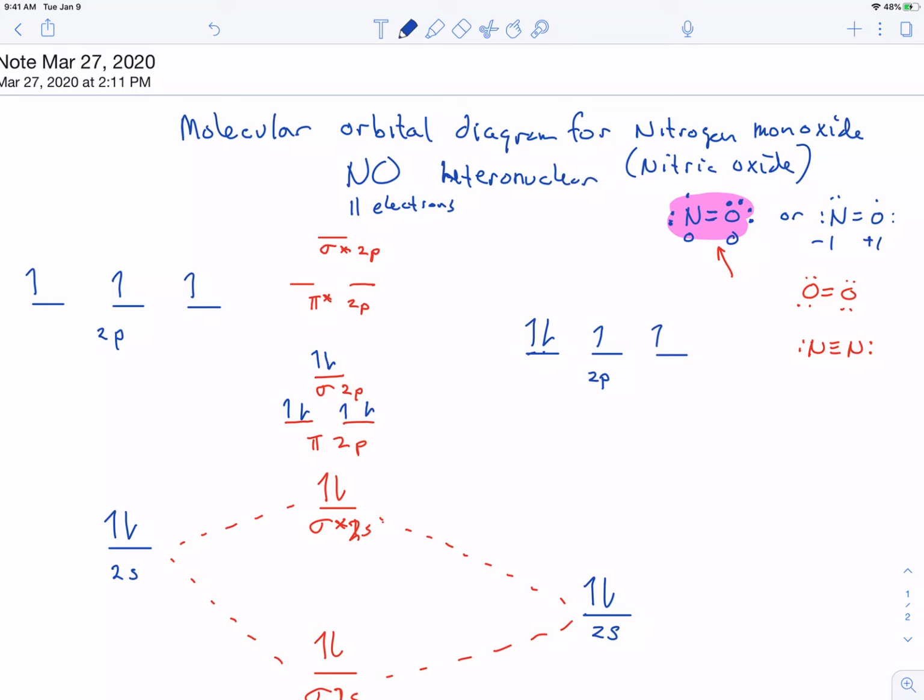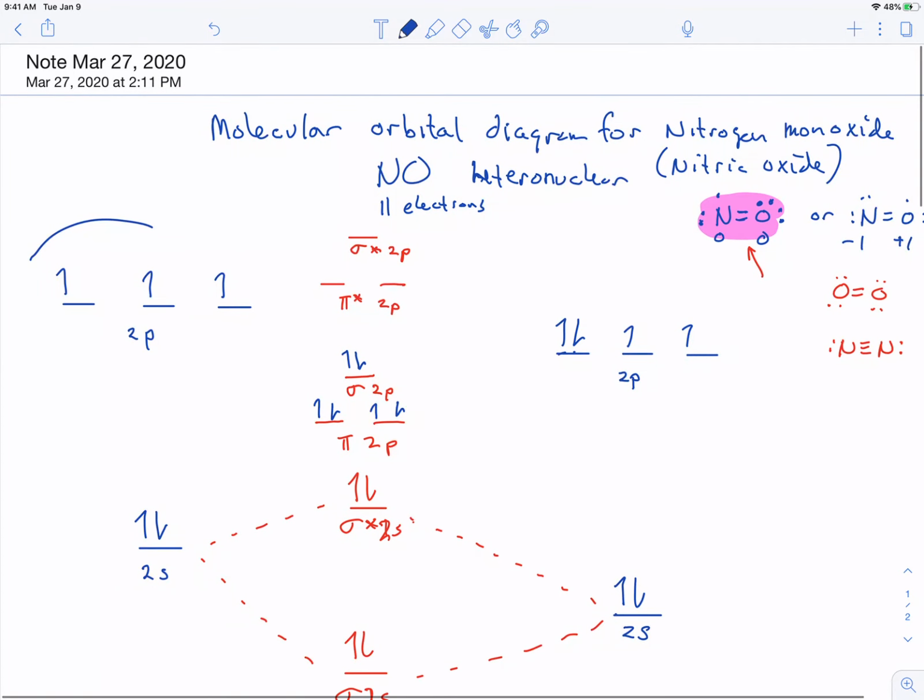Now we have 1, 2, 3, 4, 5, 6, 7, and we've used 6. So now we have 1 electron left, and it's going to go in the pi star 2p antibonding.